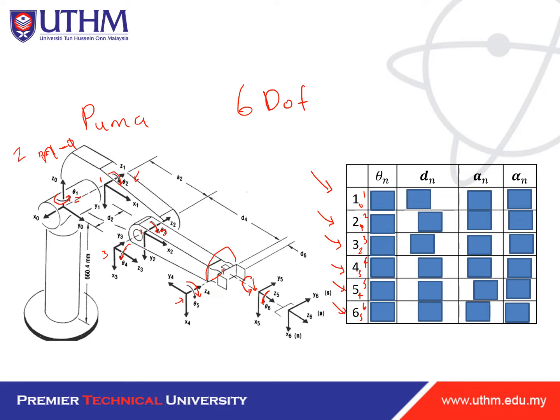So the rotation that we want to see is the rotation of Z0. So we have an active motor here, and the value is theta 1. So which means we just need to put it as theta 1.